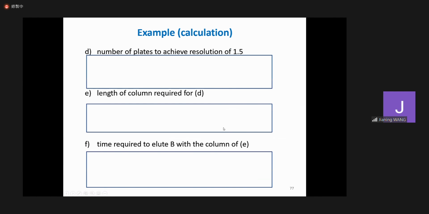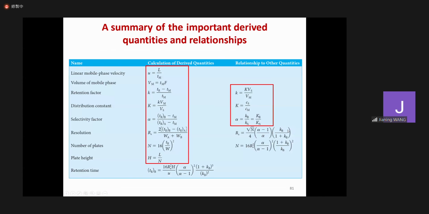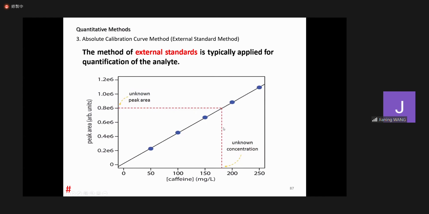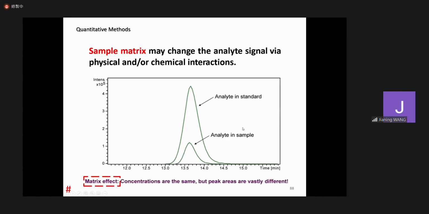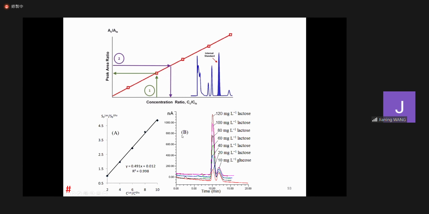Those simple calculations are required for all of you, and this is the basic formula you need to remember. This one is not important. It's not covered in this class and will not appear in the examination.